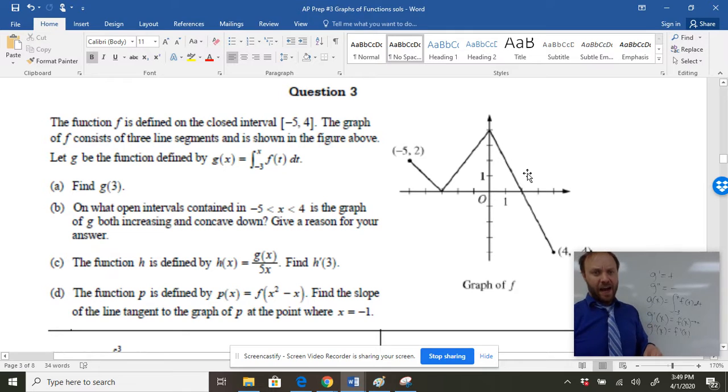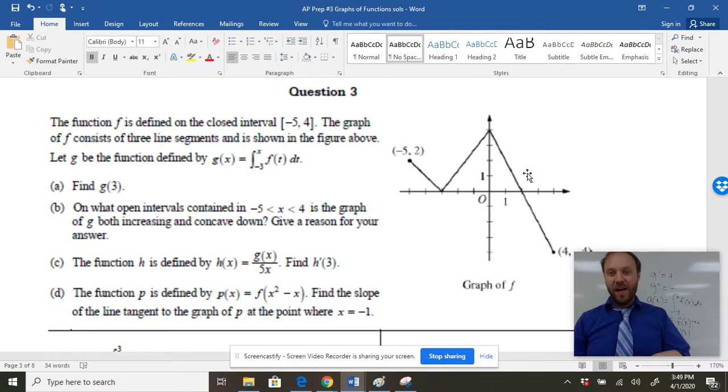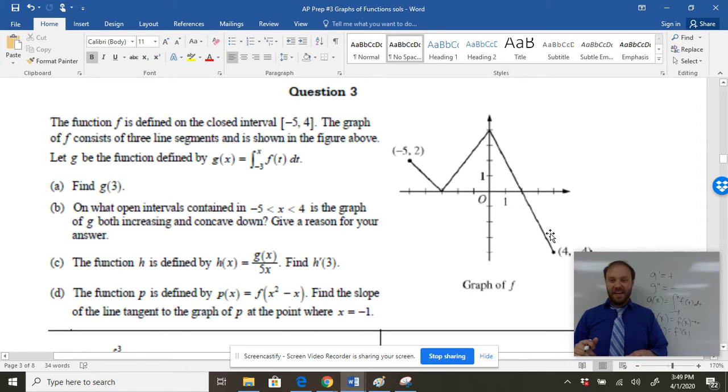So anyway, second of all, we want it to be concave down, so we want the second derivative to be negative. Okay, the second derivative of g is the first derivative of f. What do I look at to find a negative derivative for f? That's the slope of f, right? So we have a negative slope here, and we have a negative slope here. So I want to combine those two things. I want f to be positive, and I want the slope of f to be negative.